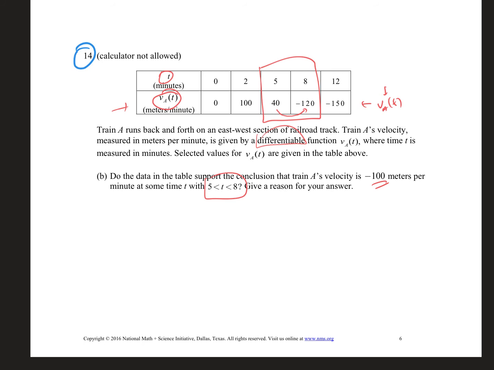So since the velocity is differentiable, it's continuous. And since negative 120 is less than negative 100 is less than 40, then V of A must equal negative 100 at some point by the intermediate value theorem.